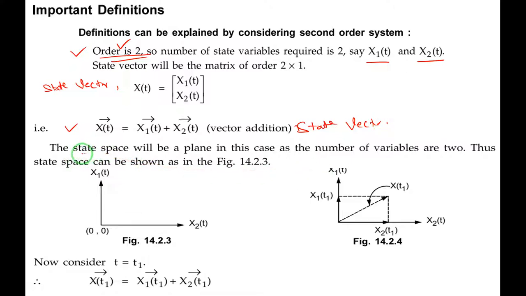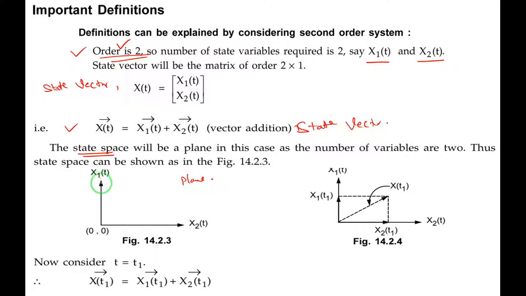Then what is state space we have to understand. Since this is a second order system, the state space is a plane here, right? It is a plane. You can observe here, for second order system, there are only two state variables, x1 of t and x2 of t. So this is x1 of t axis and this is x2 of t axis. You can take x1 here, x2 here, no problem.